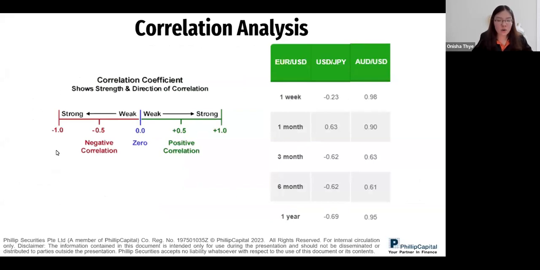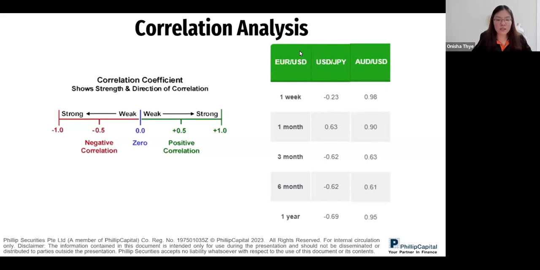What does this correlation analysis mean? When it's closer to -1, it means it's more negatively correlated. When it's closer to +1, it means it is more positively correlated. So as Euro USD goes up, USD Japanese Yen will go down, because in this case it is a negative correlation.